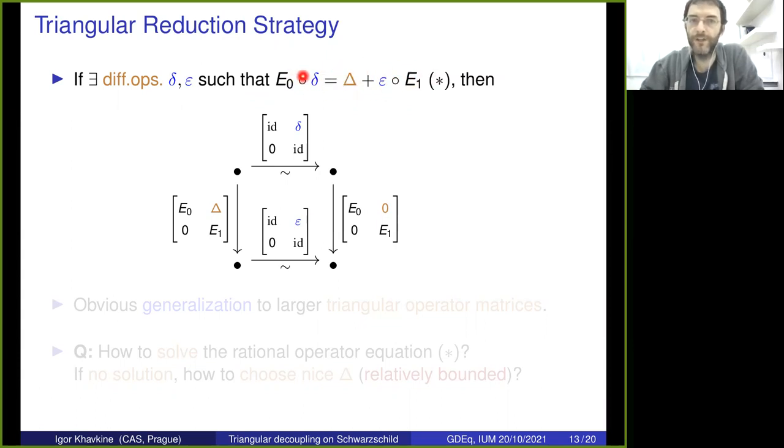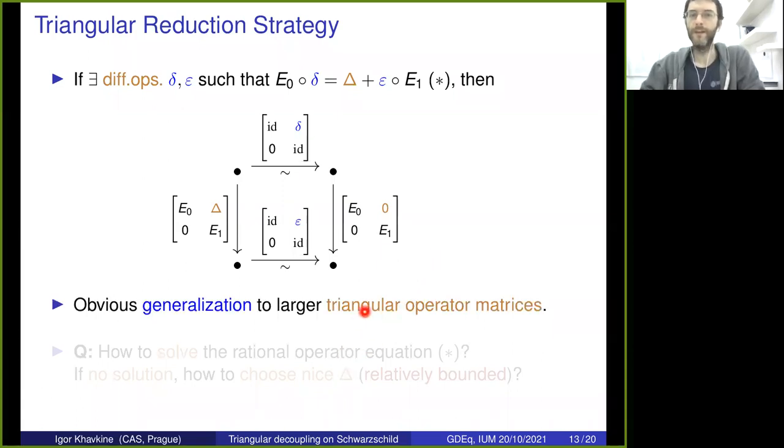If this equation is satisfied, then you put these delta and epsilons here, and you can achieve the reduction of this upper triangular system to a diagonal decoupled system. Okay, that's great. There is an obvious generalization of this to upper triangular systems of any size. It could be many blocks, so they don't have to be just 2 by 2. I think it's quite easy to see.